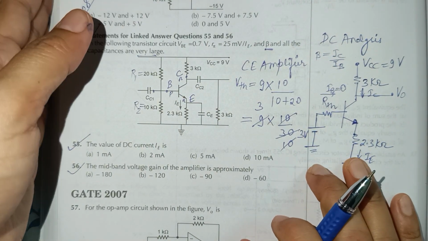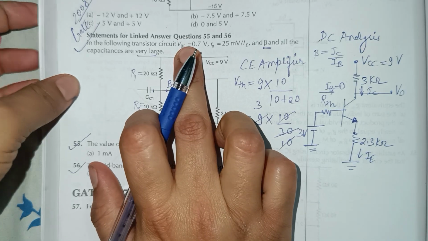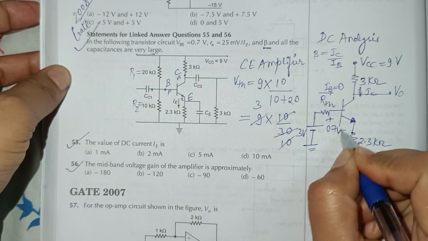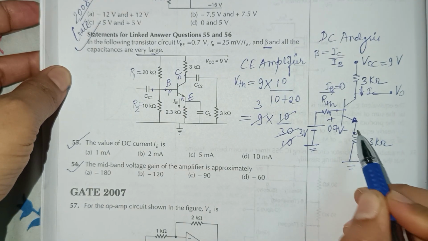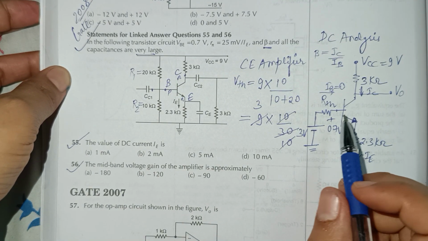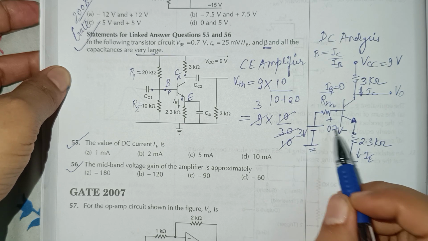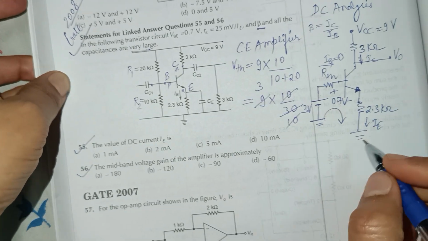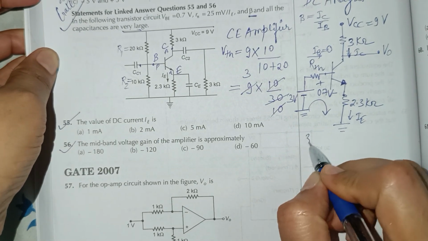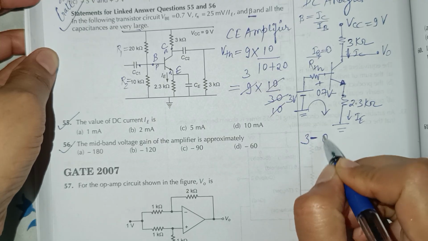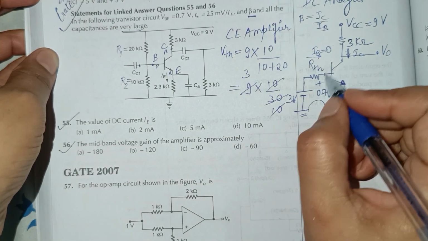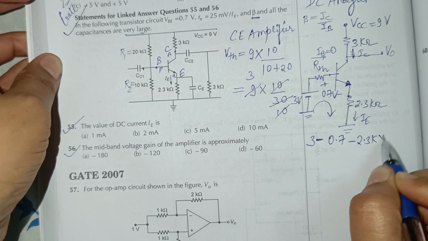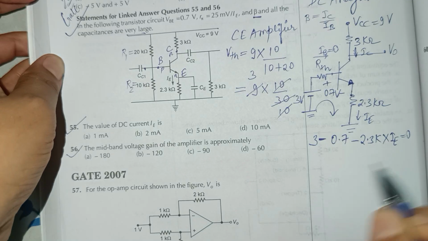So our task is to calculate IC, then we can calculate IE. Now how can you calculate it? Because you are given VBE is 0.7 volt. This is the base terminal, this is the emitter terminal, and the voltage to turn on the transistor is 0.7 volt. You can apply KVL here. So it will be 3 minus 0.7 minus 2.3 kilo ohm into IE is equal to 0.